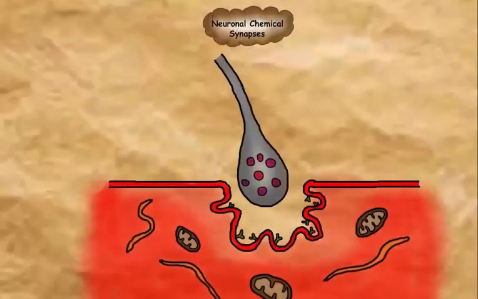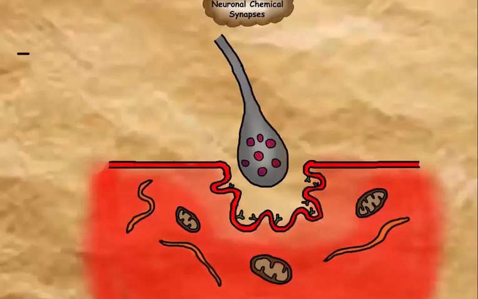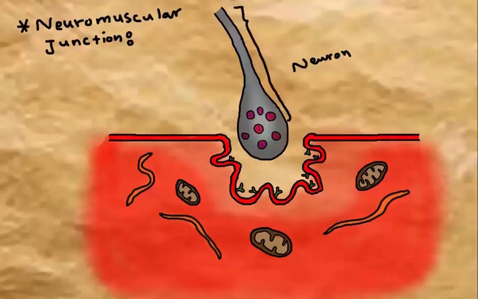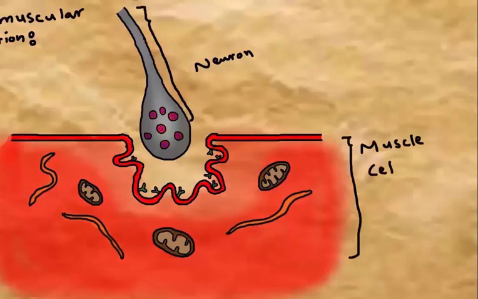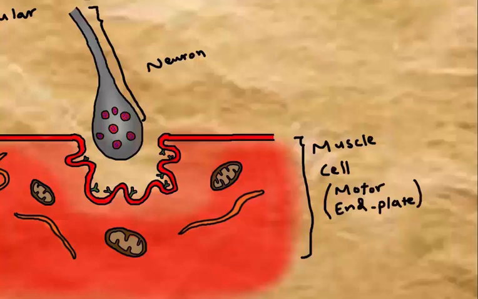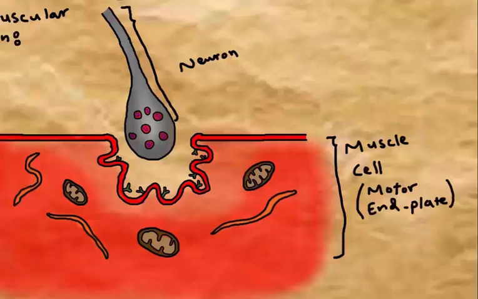Now, before we end this video, there is a special type of synapse. It's called the neuromuscular junction, and it's a synapse between the neuronal cell and a muscle cell. And that part of the muscle cell which is connected to the neuron is called the motor end plate.